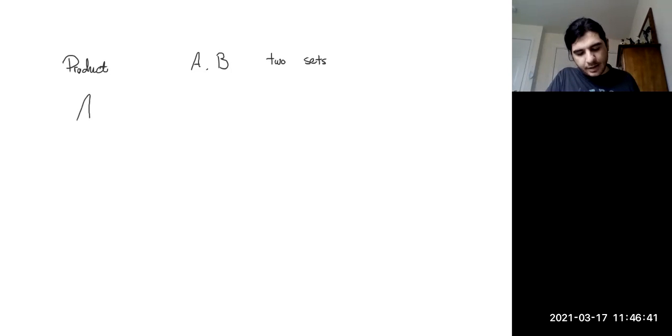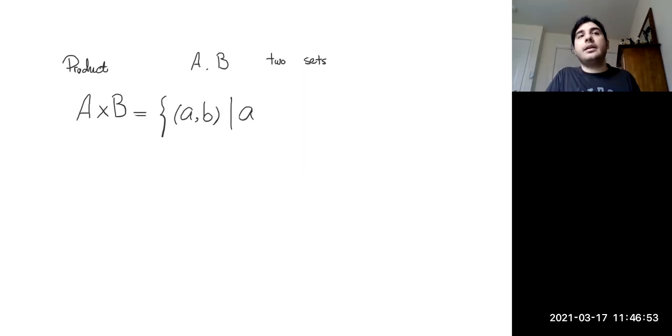It's a new set. The elements in this set are pairs of the form (a, b), where the first element a is an element of the set A, and the second component b is an element of the set B.